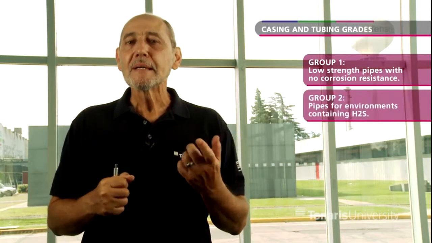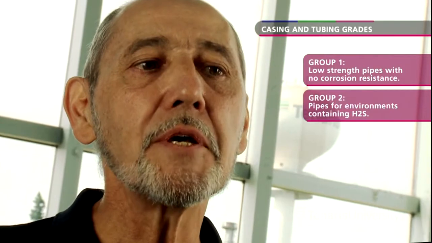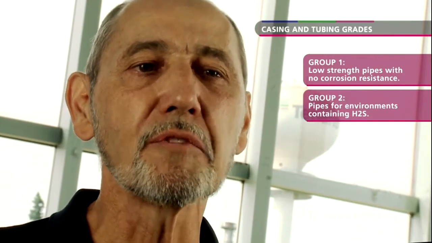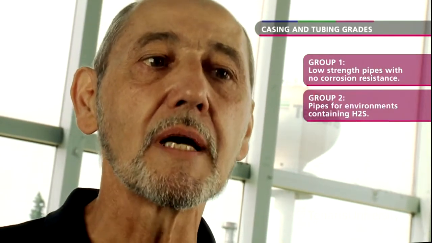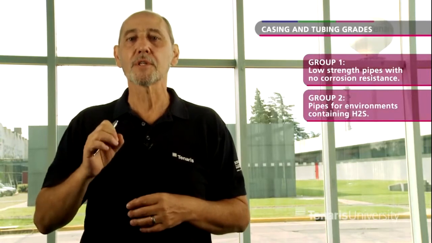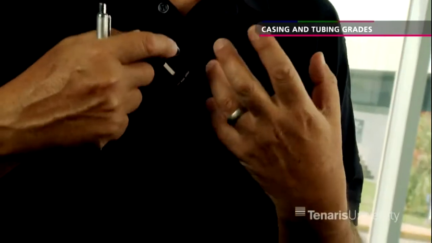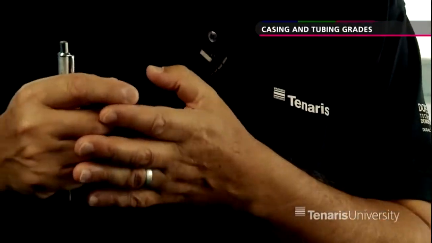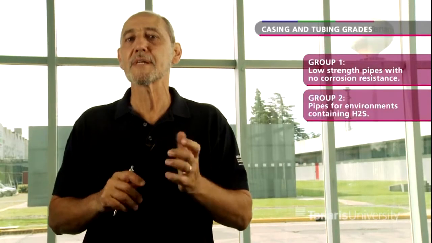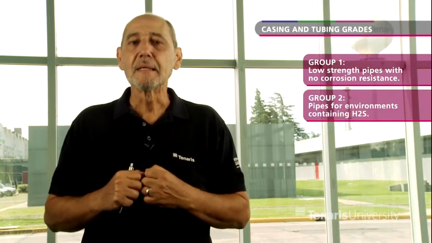Group 2, these pipes can be used in environments containing H2S, and a strict process control during the manufacturing is required, since the allowed yield strength range is reduced 50% compared to Group 1.